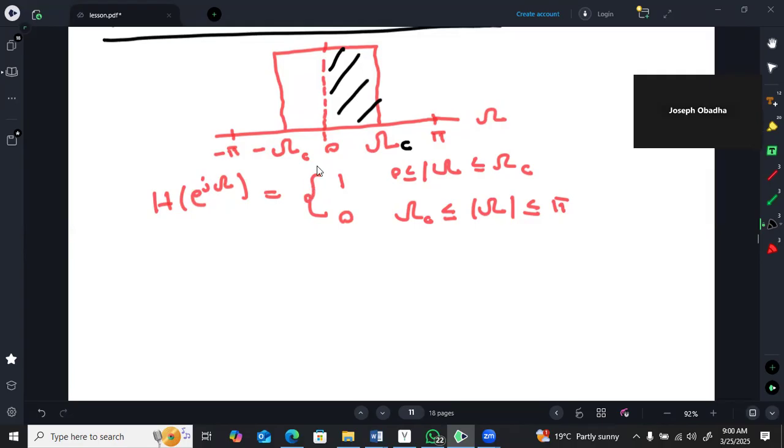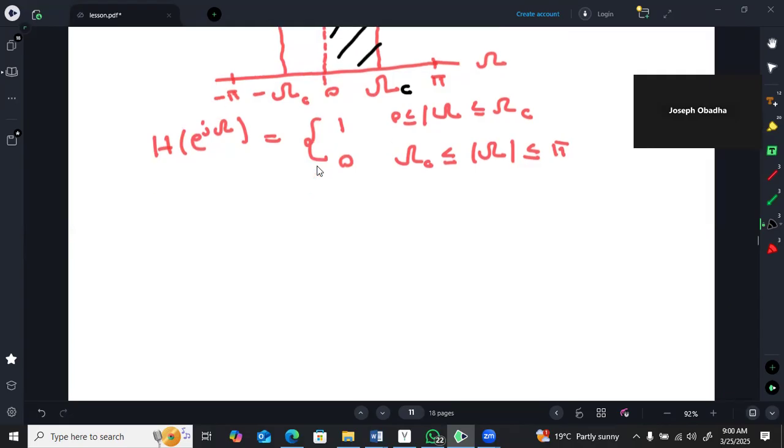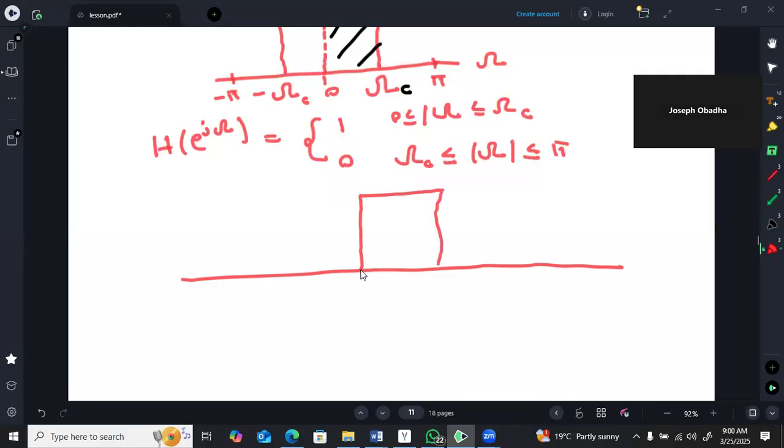And we have said that we can actually extend this drawing. We have that minus omega c, 0 there.